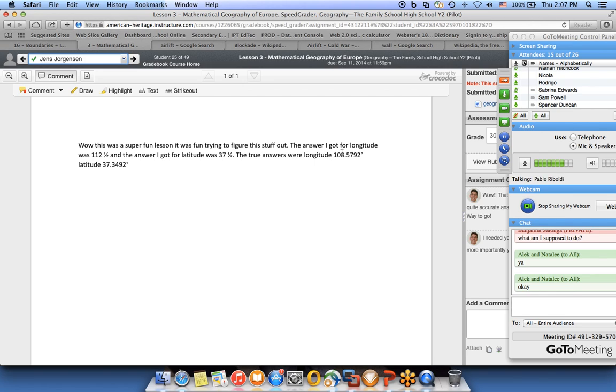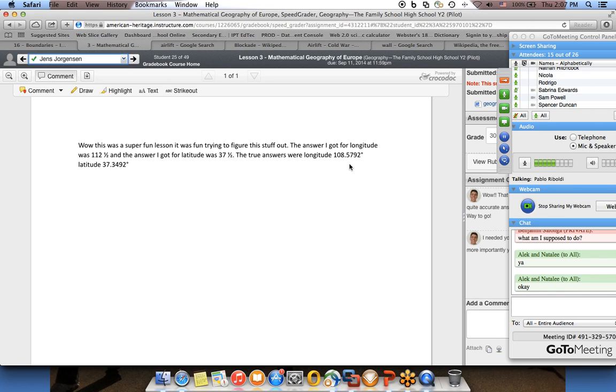The answer I got for longitude was 112 and a half, and the answer I got for latitude was 37 and a half. The true answers were 108 for longitude and latitude 37.34. So latitude is almost exact, very, very close. Longitude has a couple of degrees of difference, about 4 degrees.